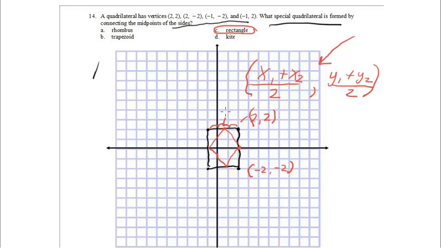So that point would be the point 1/2 and 2. But again, we didn't need to go through that because we can just graph that and recognize this being a rectangle. So let me stop this for a second.